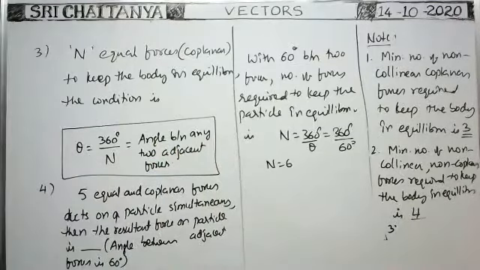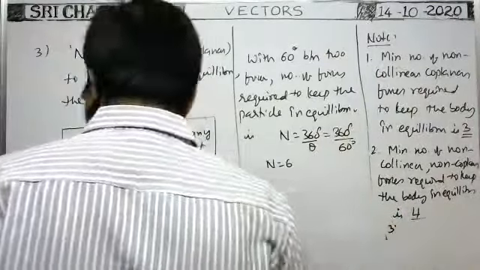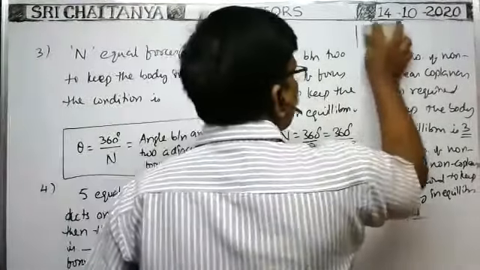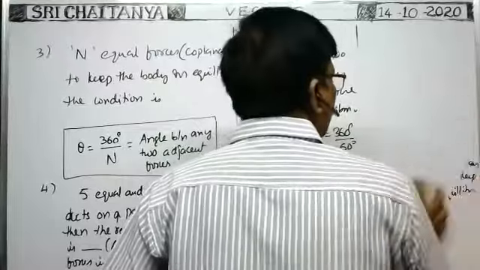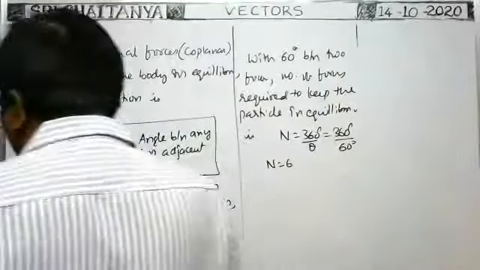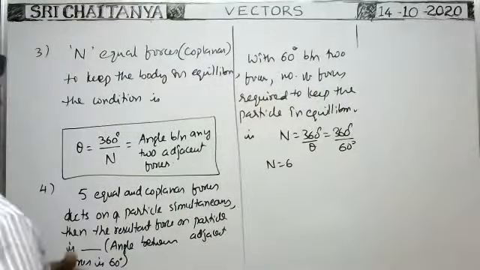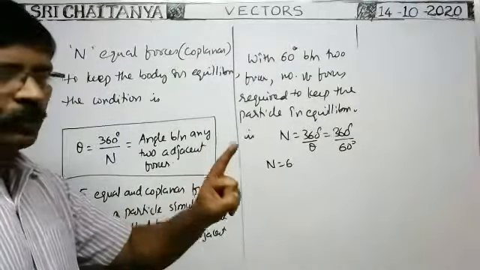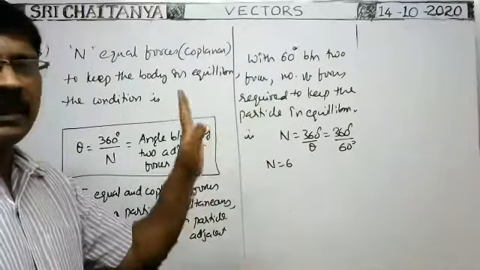In this case, what is the net force? So, how many forces are required to keep the body in equilibrium? 5 are given, 6 is required. Only one force is left over. That one force is the net force.